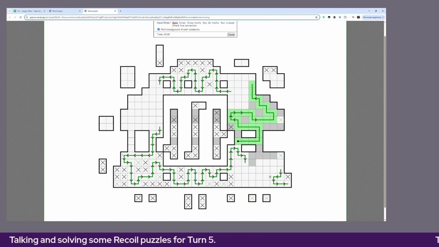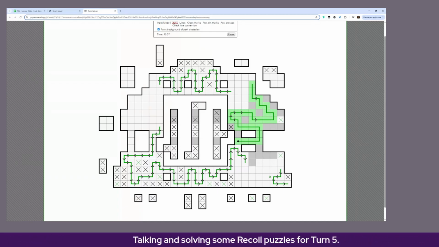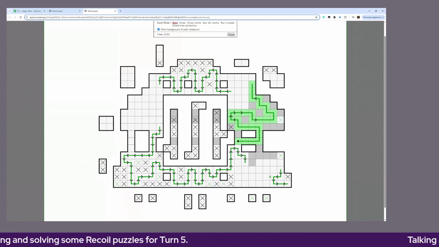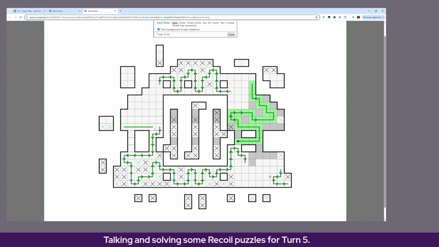And now, oh, and now I must recoil those two. Those two must be moves going this way now.